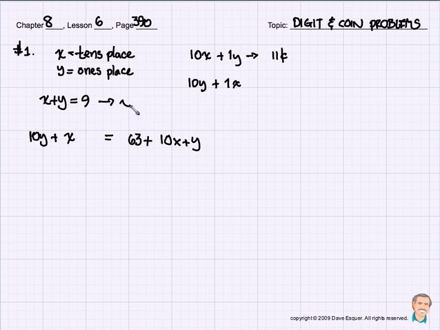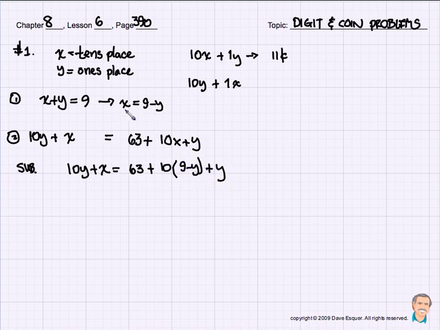This one I'm going to turn into x is equal to 9 minus y. And by substitution, I'm going to substitute wherever there's an x in the first equation. Here was the first equation, here was the second equation. This part is kind of a no-brainer now that we have that practice. The tough part was coming up with these two equations. So we have 10y plus x is equal to 63 plus 10 times 9 minus y plus y.